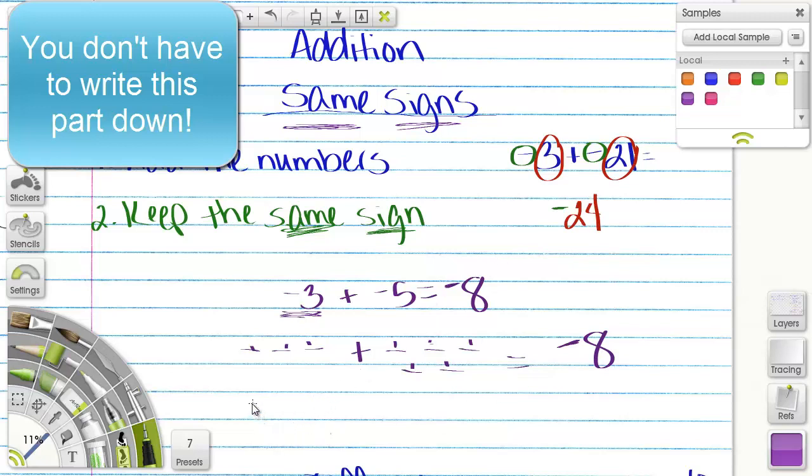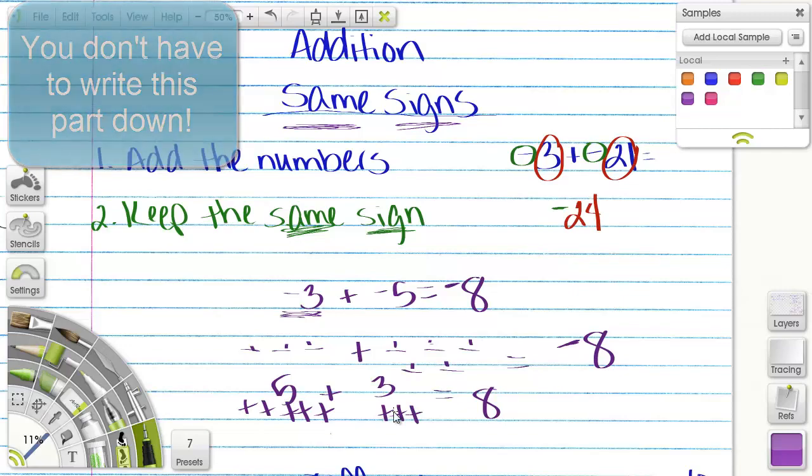If we had 5 positives plus 3 positives, then we have 8 positives all together. When the signs are the same, you're just tallying up all of your negatives or positives.